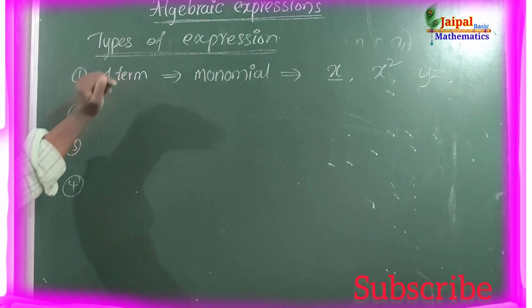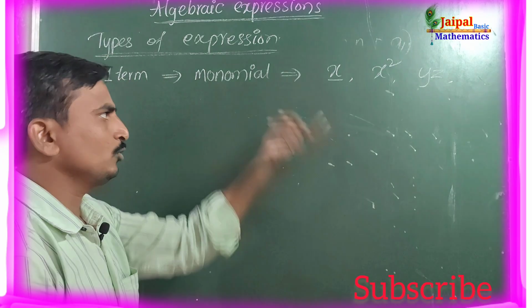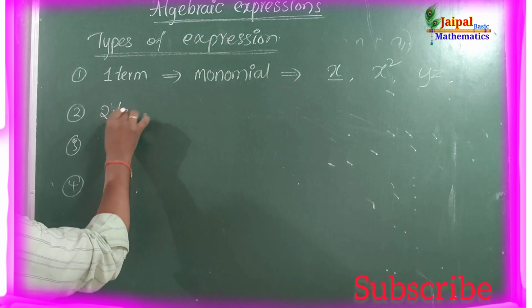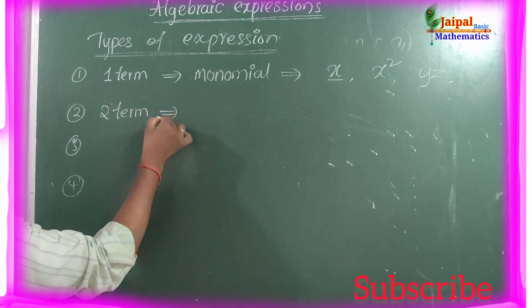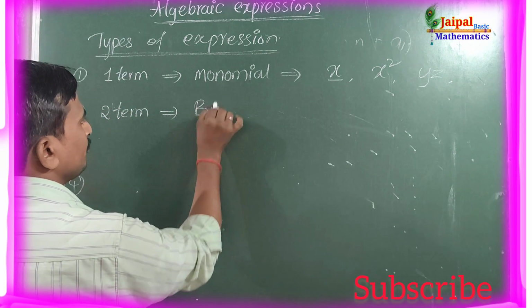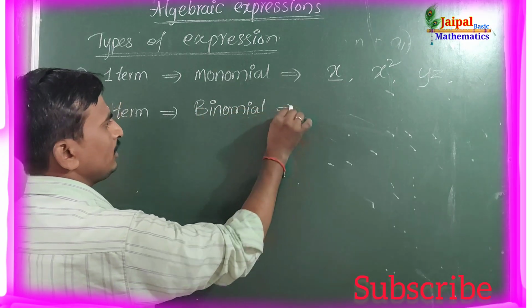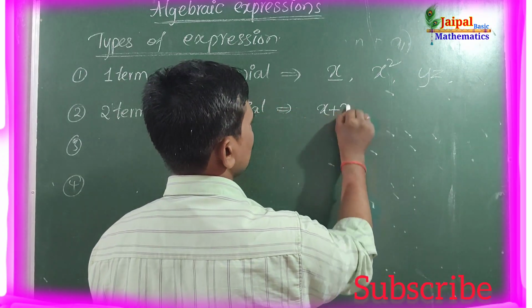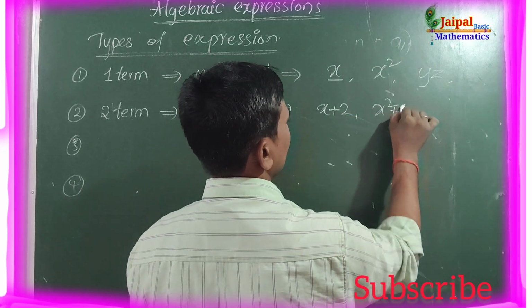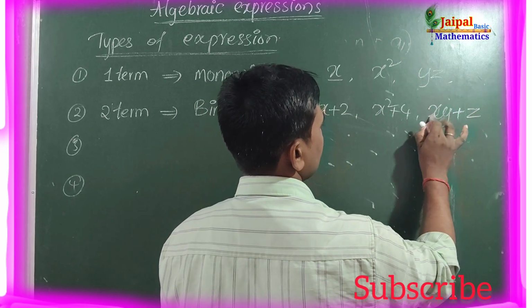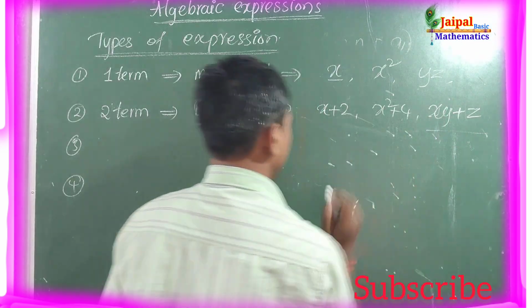An expression which has two terms is called binomial. For example, x plus 2, x square plus 4 and xy plus z. Here 2 terms will be there.